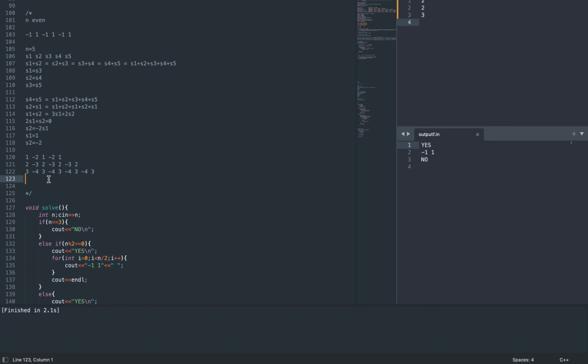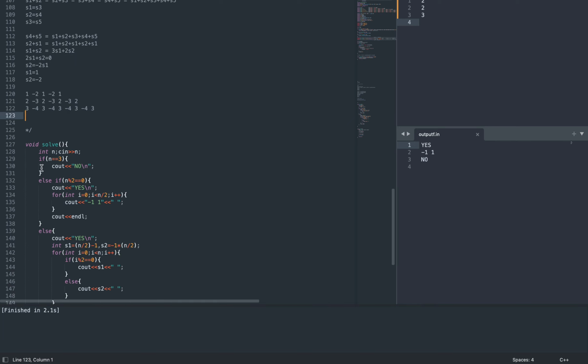So we can see here we are taking input n, and we are checking if n is equal to 3 and then simply print no. Else if n is even, then print yes, and print n by 2 times minus 1 and 1.